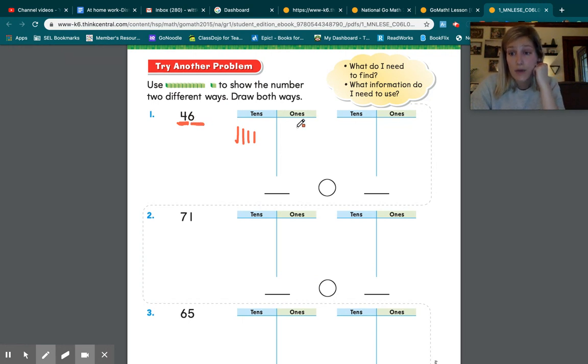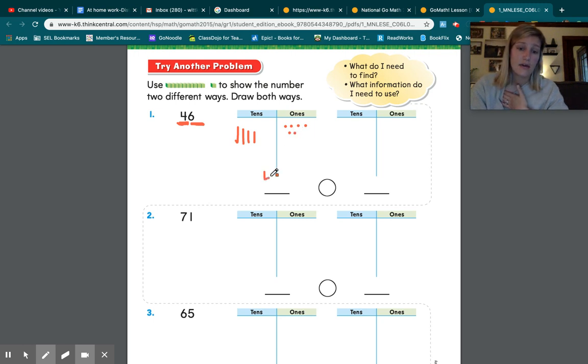This is the Gary way, the quick way, okay? So there's how many ones? There's 6. 1, 2, 3, 4, 5, 6. So this is one way to show 46. 10, 20, 30, 40, 41, 42, 43, 44, 45, 46.